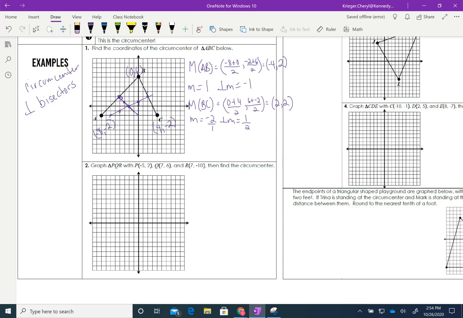So the midpoint of AC, the average of my x values, -8 plus 4 divided by 2, and then of course my average of my y values, -2 minus 2 divided by 2.